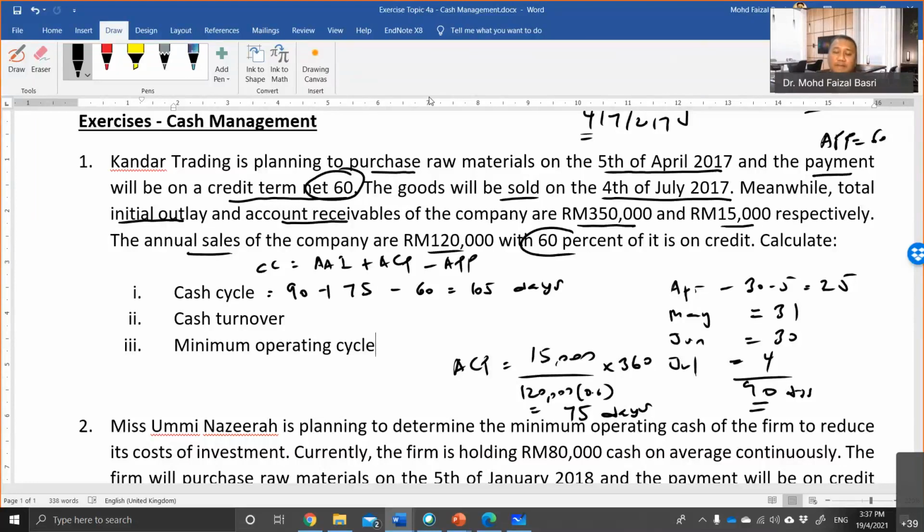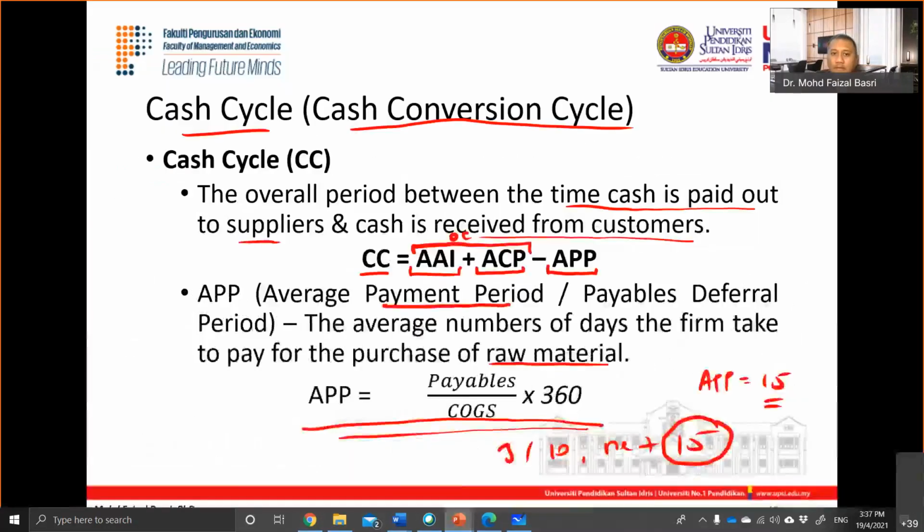So by definition of cash cycle, if you bear with me a second. Okay. Cash cycle is the overall period between the time cash is paid out to your supplier until the day you receive back your payment from your customer.